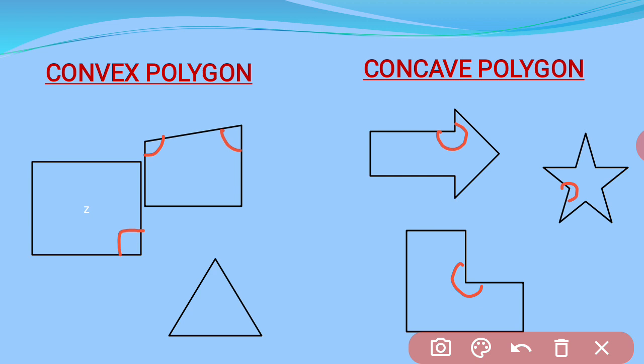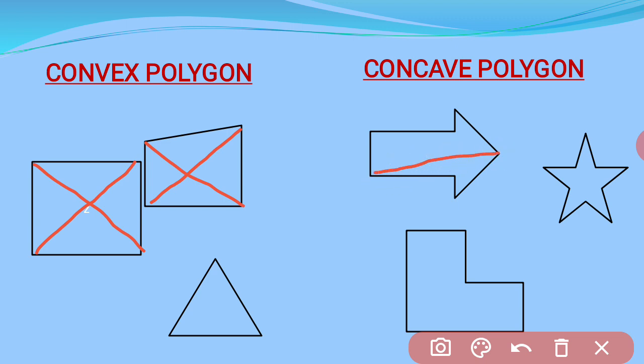The second basis of differentiation is placement of the diagonals. So if I draw the diagonal, here both the diagonals lie inside the polygon. For a triangle, there are no diagonals, so I am not drawing it over there. Now let us draw the diagonals inside the right hand side figures.